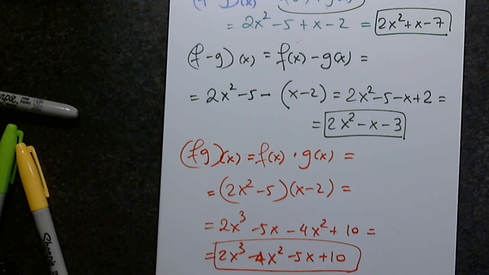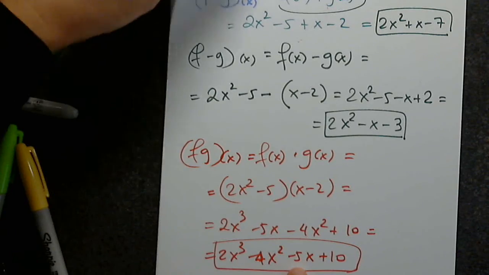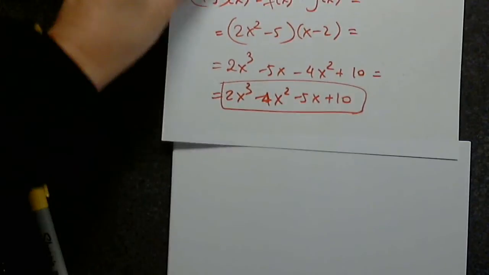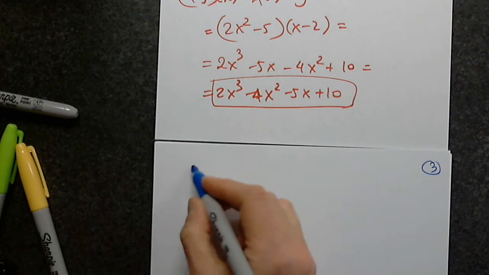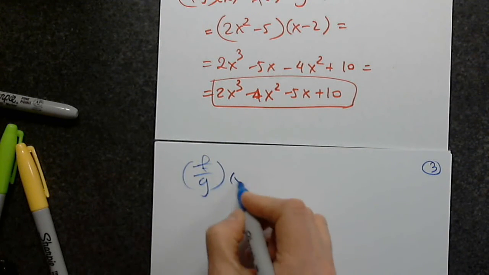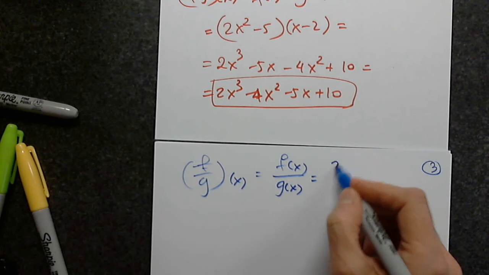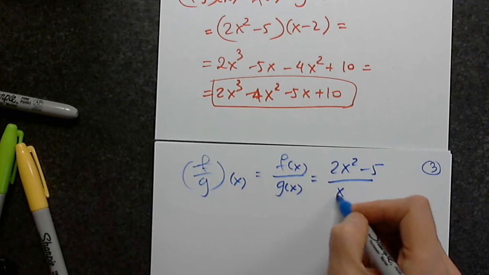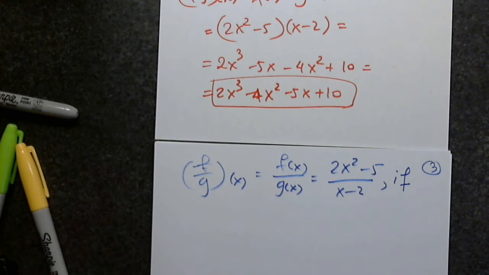Okay, what is the last one? What do you think? Yes, of course. So given the functions that we had, f and g, now we can create a new function by dividing them. So f divided by g of x is f of x divided by g of x. I copy 2x squared minus 5 over x minus 2. I put a comma, and this time I must write if. I didn't have to write this before with the other three, but I have to write if right now.